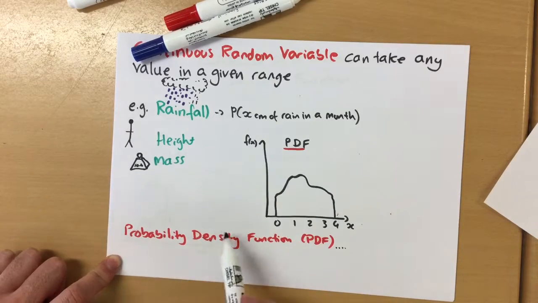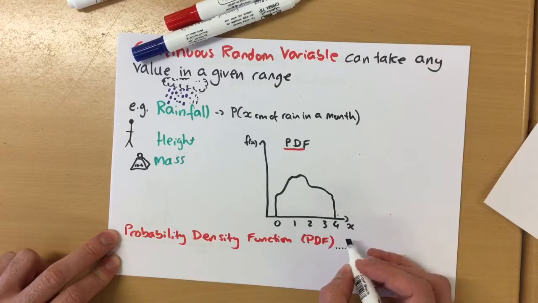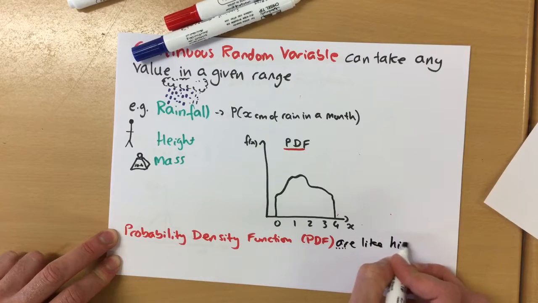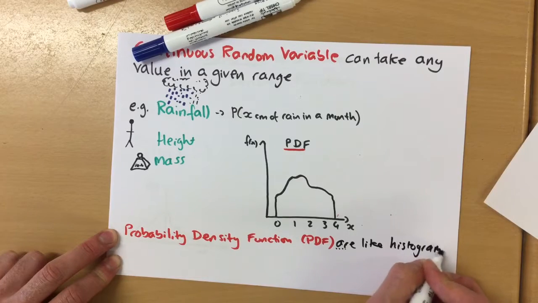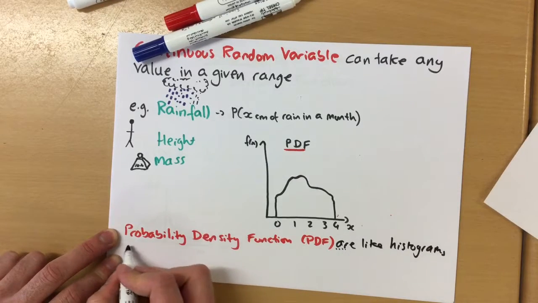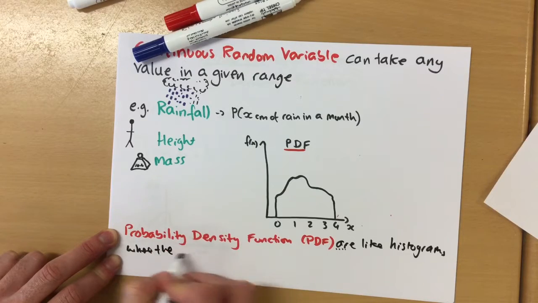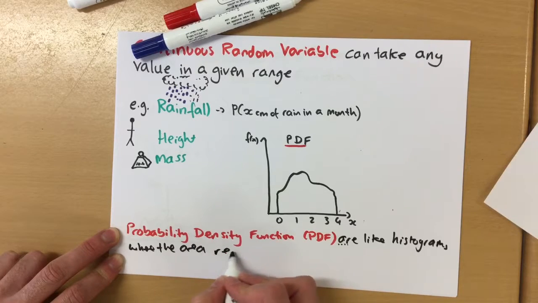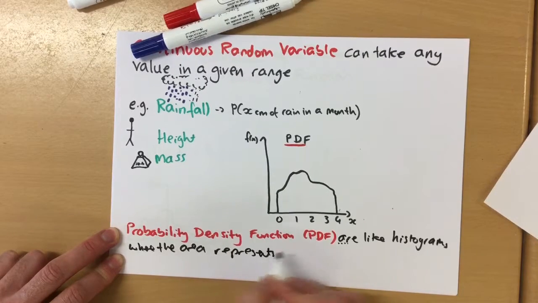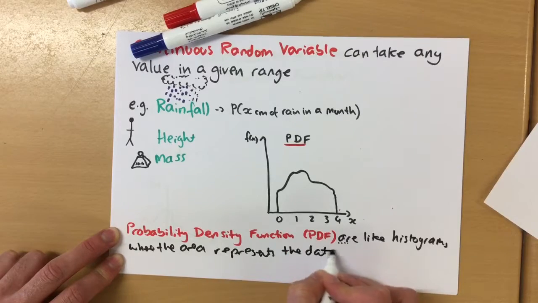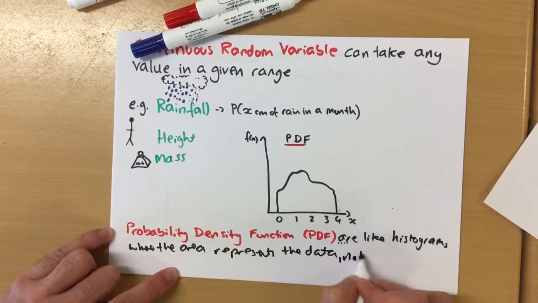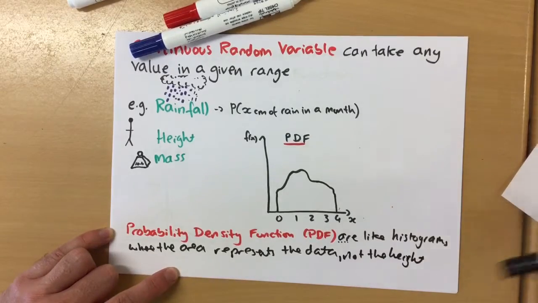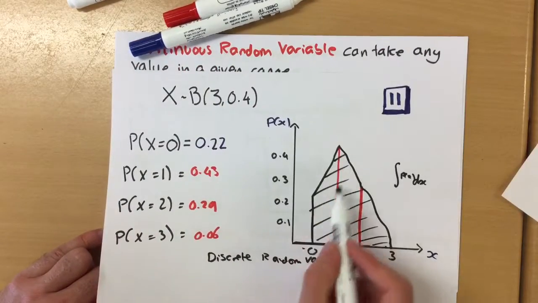In fact, probability density functions, to be honest, are like histograms, where the area represents the data, or the probability in this case, not the height. So in our earlier graph, the probability was the height.